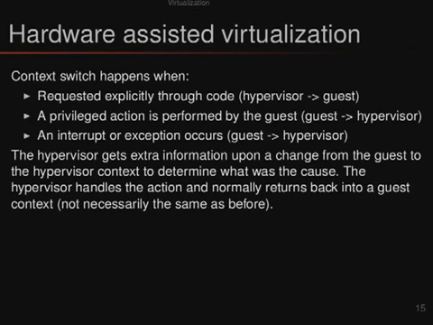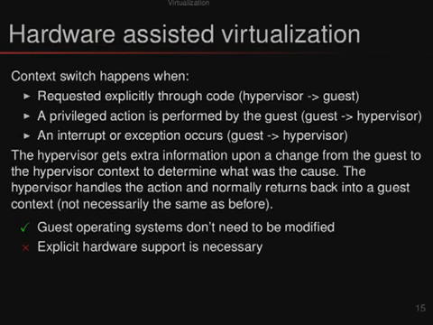And upon a change from the guest back to the hypervisor mode, the hypervisor gets extra information about what happened. Normally it returns back into the guest it came from, another guest, or it kills the guest. So with this mechanism, you can also implement scheduling between different VMs and choose the next VM to be executed with different rules.